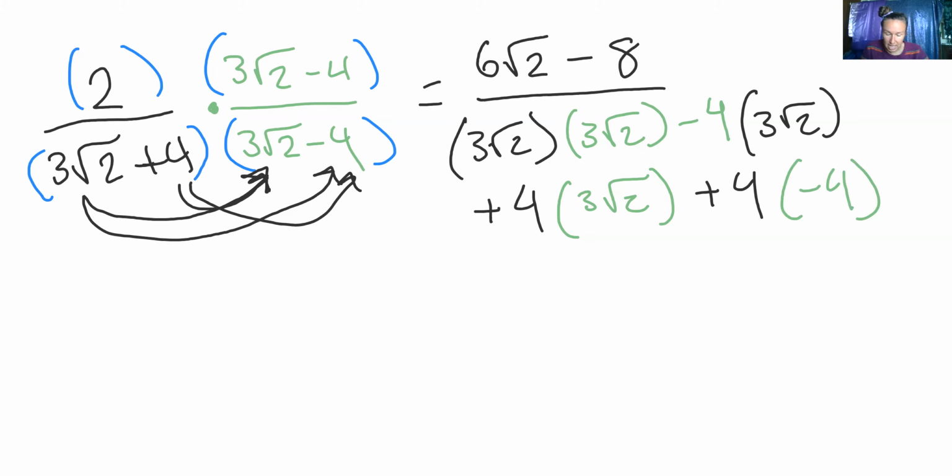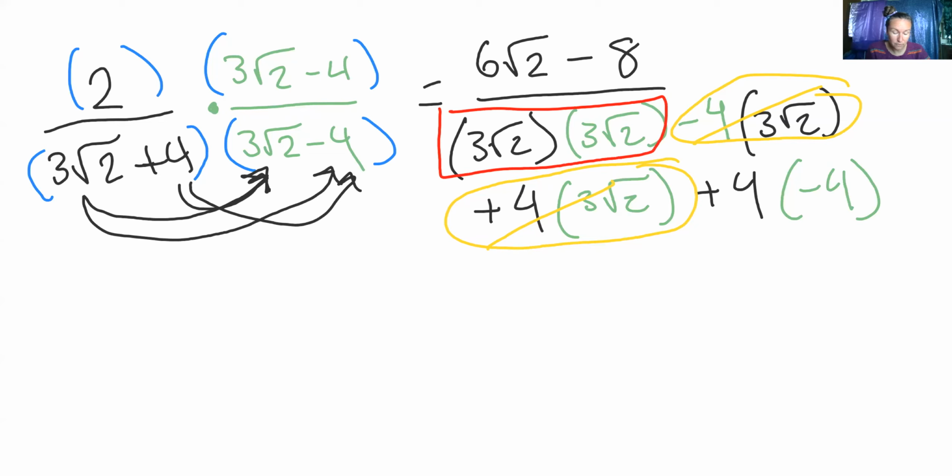But notice that this 4 times 3 root 2 and this negative 4 times 3 root 2, those two terms are going to cancel out. Okay. And now we've got a 3 root 2 times 3 root 2, which is our first term squared. And we've got a 4 times a negative 4, which is our second term squared. So what do we end up with?